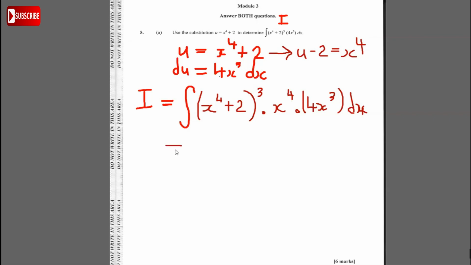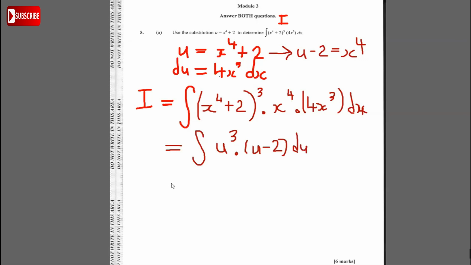So I is working out clearly to be the integral of x to the 4 plus 2 cubed, which is u cubed, times x to the 4. X to the 4 is u minus 2. And then 4x cubed dx is du.